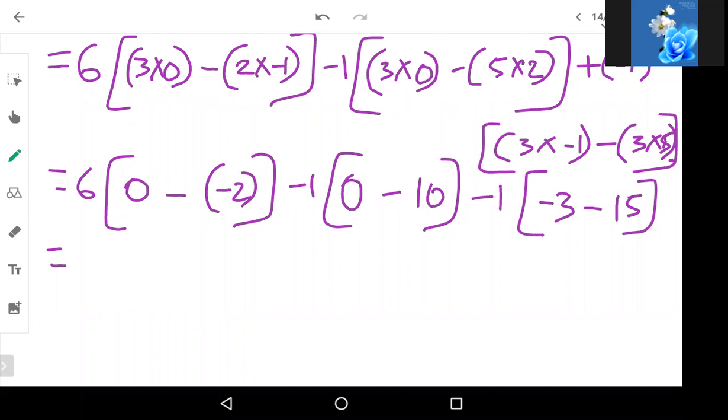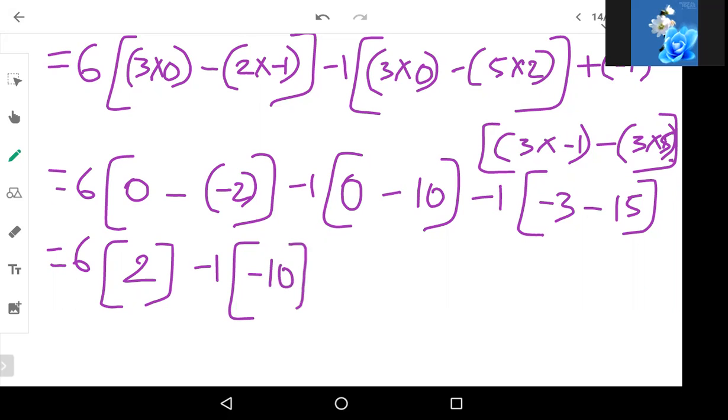Next, 6 into 0 minus of minus 2 is plus 2, so 0 minus 2 is 2. Then minus 1 into 0 minus 10 is minus 10. Then minus 1 into minus 3 minus 15 will be minus 18. You have to add the numbers but keep the sign as it is.